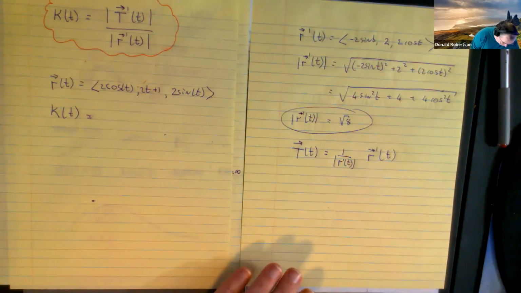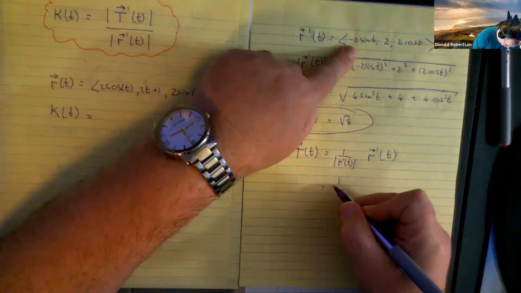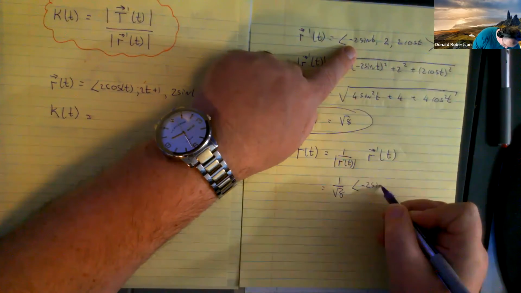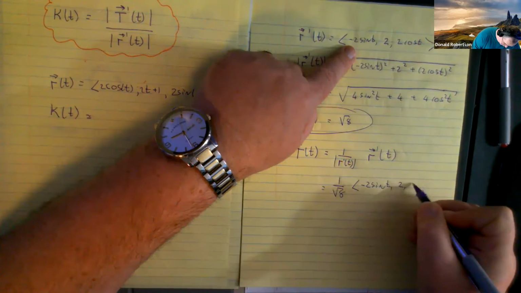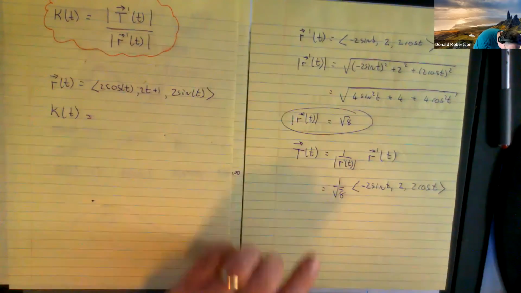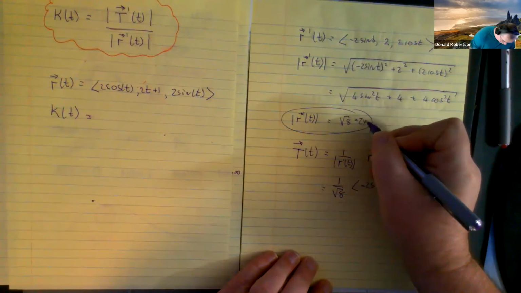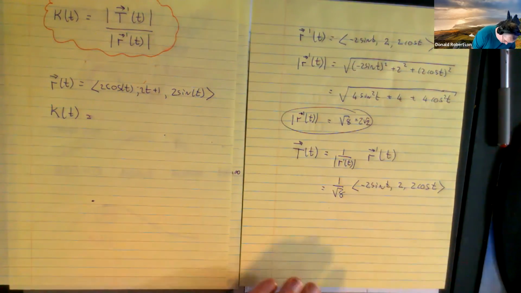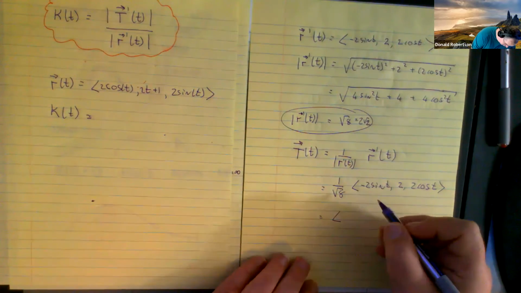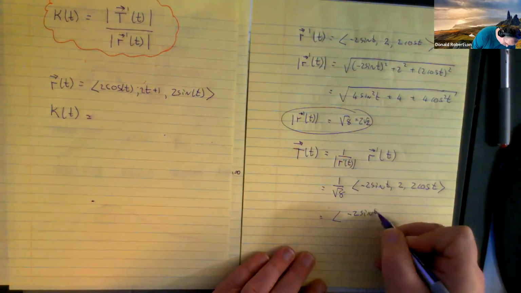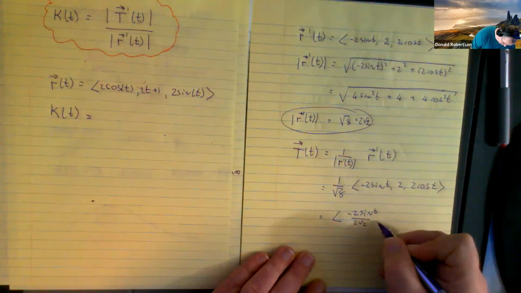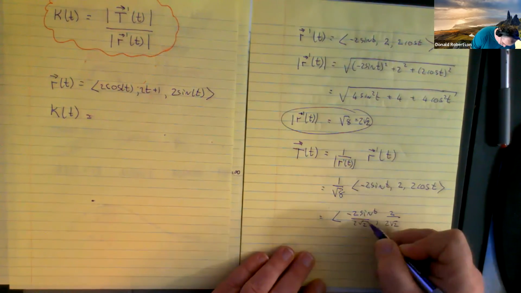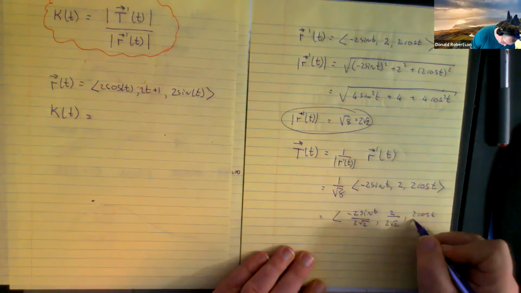Now the derivative is this guy, so it's going to be 1 over the square root of 8, -2 sine t, 2 cosine t. And I should have called that 2 root 2, shouldn't I? So if you take this guy, you're going to get -2 sine t over 2 root 2, 2 over 2 root 2, that's what square root of 8 is, and 2 cosine t's over 2 root 2.